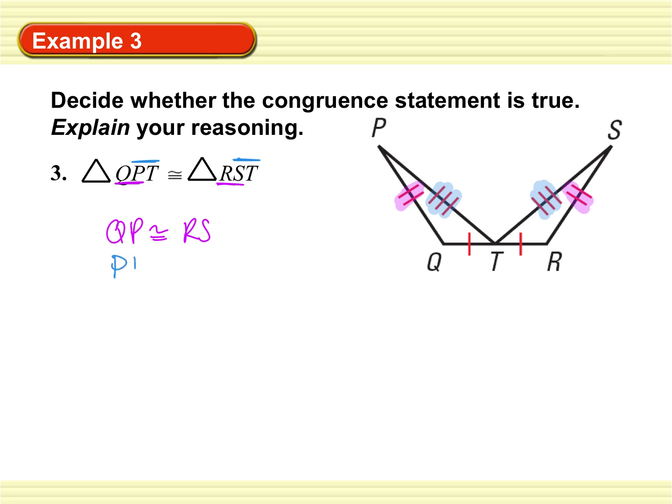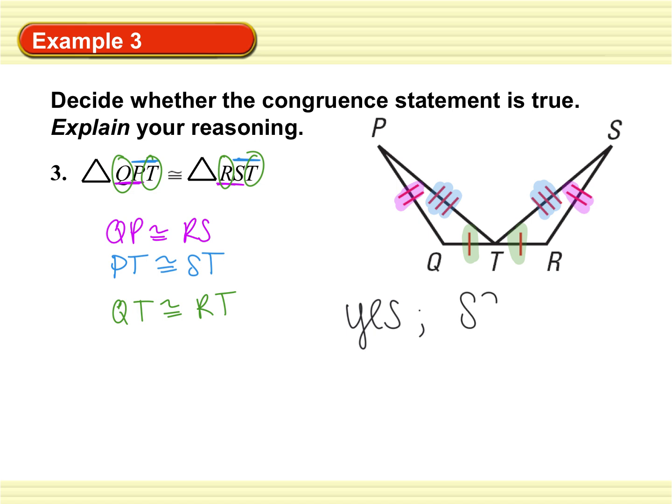So I have PT is congruent to ST. And then the last one, I'm going to have QT and RT. Looking at it, QT, RT, those are congruent. So yes, this is a yes by what? Good, side, side, side.